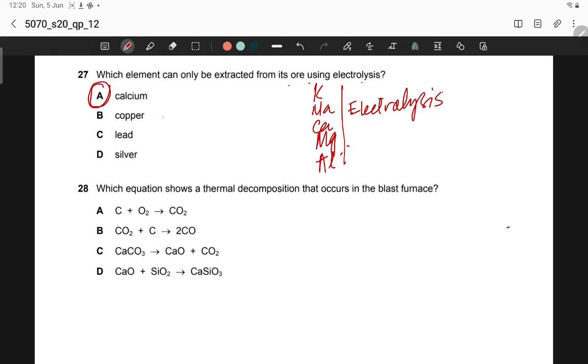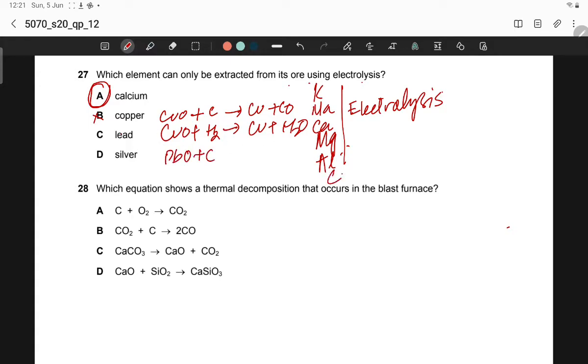Copper oxide can be extracted by reacting with carbon and hydrogen to form copper plus carbon monoxide, and with hydrogen, copper and water. So this is incorrect. Lead is also the same, PbO plus carbon, because carbon is placed over here, and lower metals below carbon are zinc, iron and lead, hydrogen over here, copper, Hg and Ag.